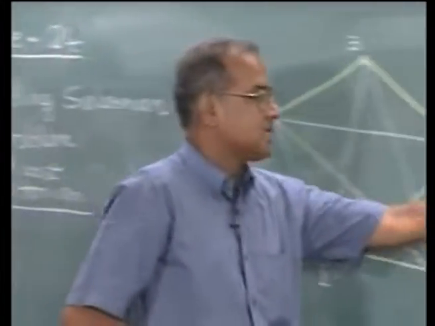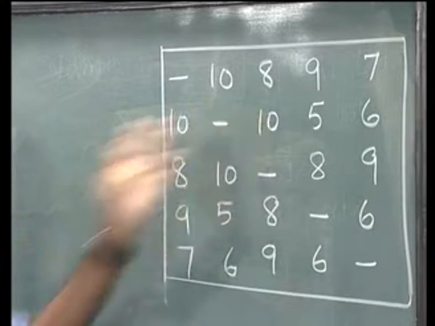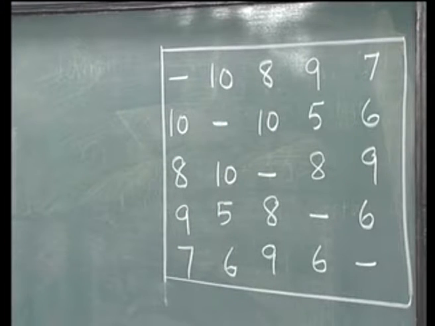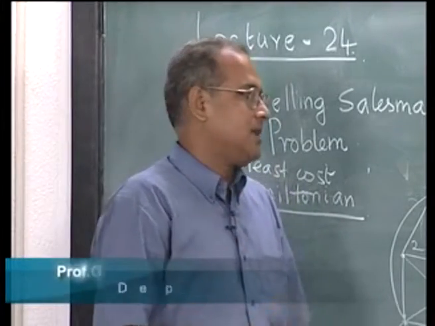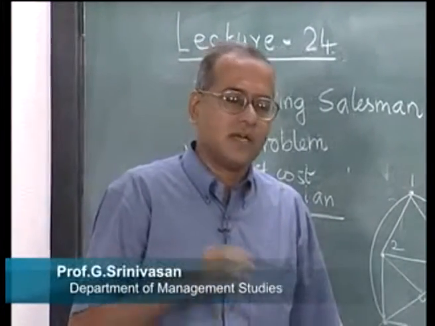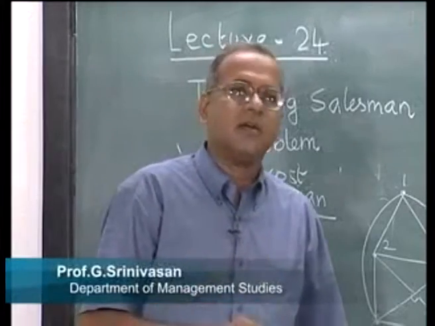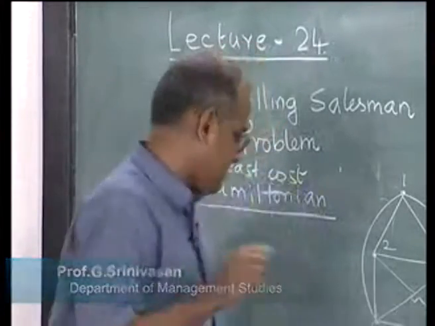If every node is connected to every other node, then n minus 1 factorial Hamiltonian circuits are possible and feasible, and the travelling salesman problem is to find out that among the n minus 1 factorial which has the least total cost or the least total distance.